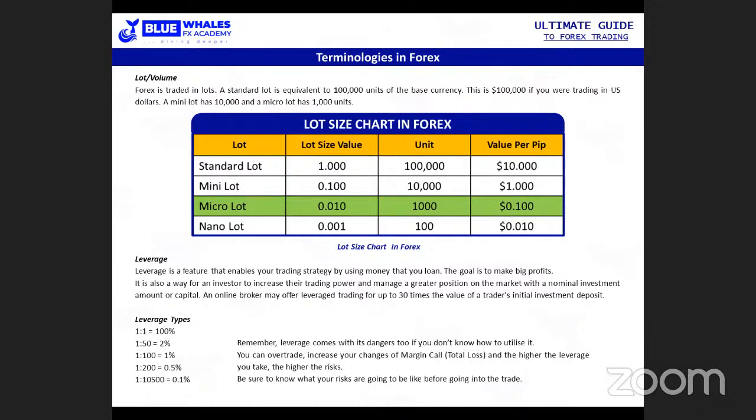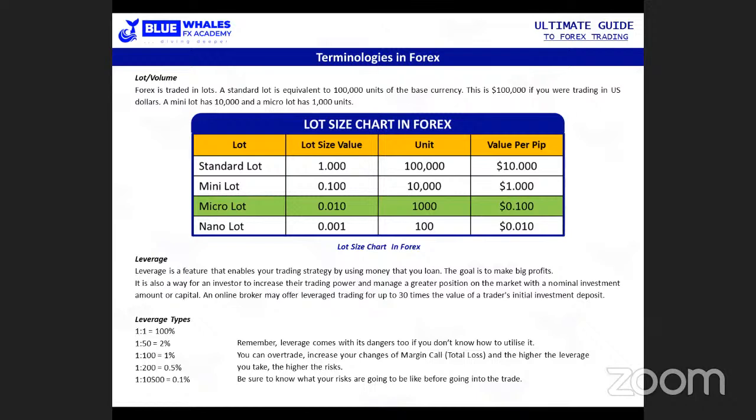Now the value per pip means that either way the pip will move, you either gain or lose something. Let's say we buy and trade in the standard lot. We are buying 100,000 units of the base currency, and the lot size value is 1. The value per pip is $10. Should the trade go in our favor and we gain 10 pips, $10 times 10 will give us $100.